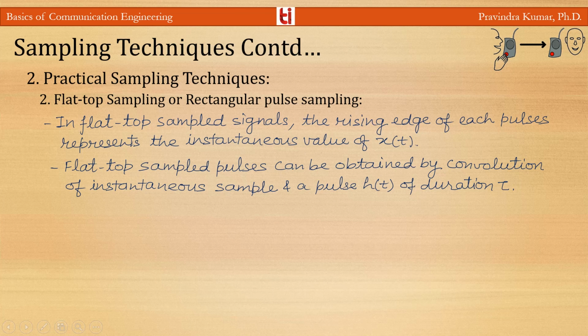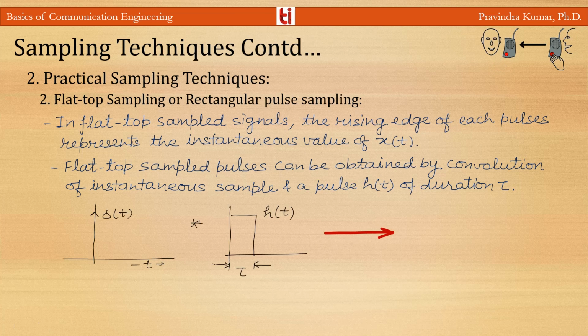So flat top sampled pulses can be obtained by convolution of the instantaneous samples and the pulse h(t) of duration tau. So we can have the convolution of impulse train delta(t) and h(t) of duration tau, and so we can have this train of pulses.